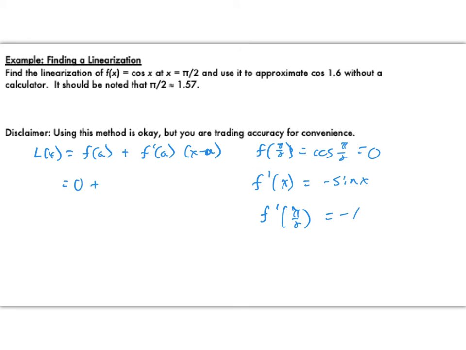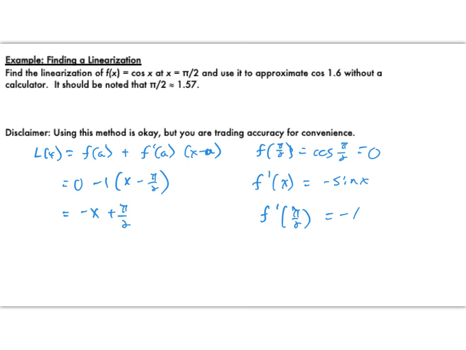Well, it works out to be negative 1. So this is going to be 0 minus 1 times x minus pi over 2. Simplified, this is going to be negative x plus pi over 2.